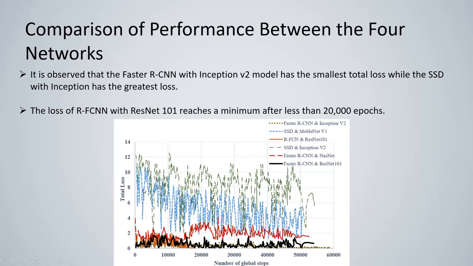It is observed that the faster R-CNN with Inception version 2 model has the smallest total loss, while the SSD with Inception has the greatest loss. The loss of R-FCN with ResNet 101 reaches a minimum after less than 20,000 epochs. This is faster R-CNN, and this is the SSD with Inception version 2.